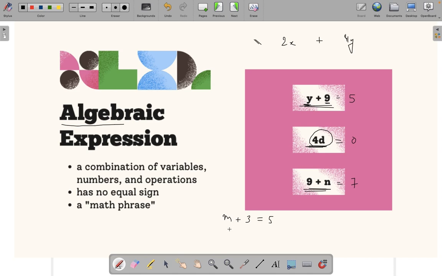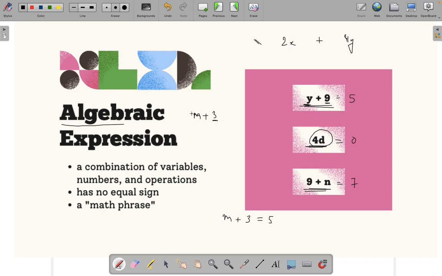If this was an algebraic expression, would you be able to solve or find the value of m? What does algebraic expression mean? It would be limited to m plus 3 only. You won't have the equal sign. If I just say m plus 3, or 3 plus a number, do you know what the number is? 3 is a constant here.